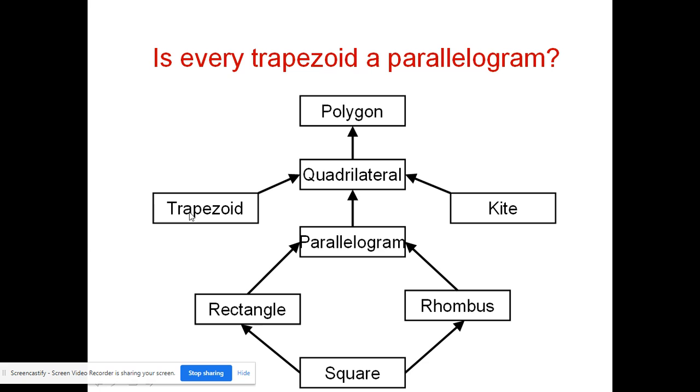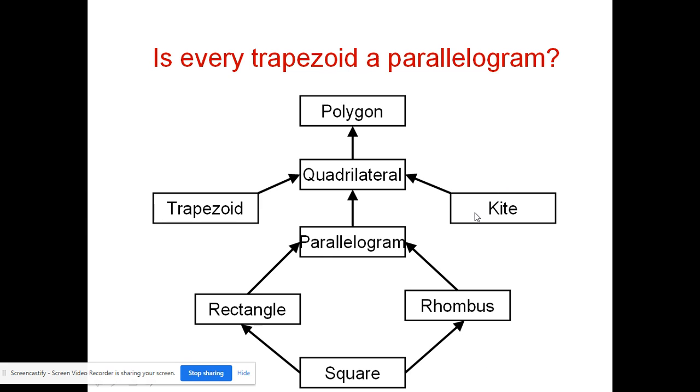Find trapezoid on the chart. Does it connect to parallelogram? No, it doesn't. Remember, you have to follow the arrowheads, okay? Trapezoid points to quadrilateral. It does not point down to parallelogram. A trapezoid is a quadrilateral all the time, and it's also a polygon all the time, but it's never a parallelogram or anything below that, ever, okay?